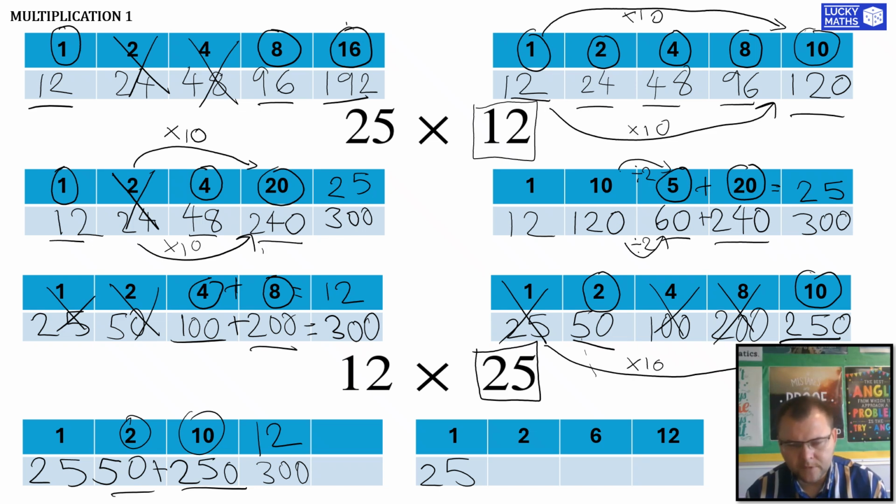The final template I've put together is slightly different because 2 lots of 25 can become 6 lots by tripling it. So if we take 50 and times by 3, what we're saying is 6 25s is 150, and you see, because now double 6 is 12, we can get straight to the answer without having to do any other messing around.